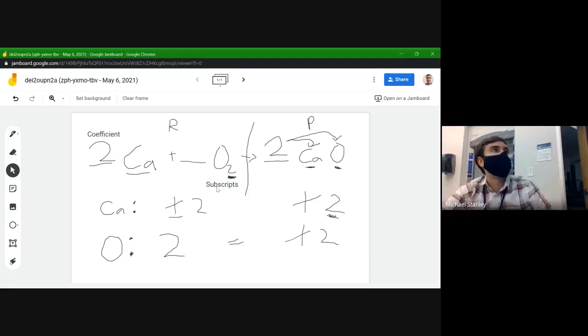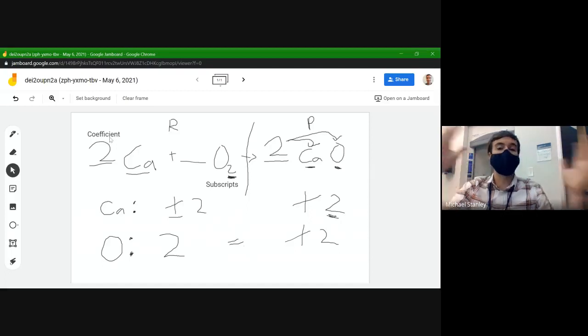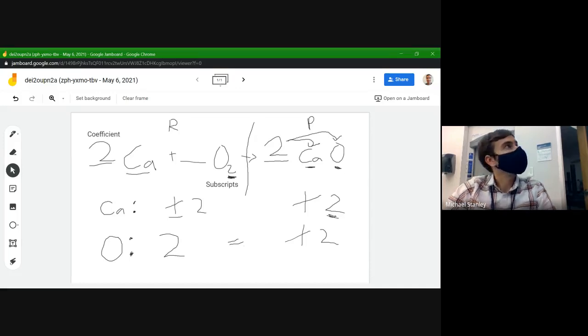Think of sub like submarine or subterranean, like it goes under, it goes beneath. So the coefficients are the big numbers that go next to the atom. The subscripts are the little numbers that go underneath it. Great question.